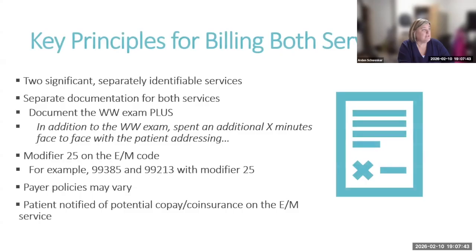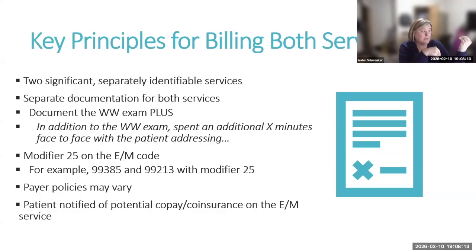So a common question then is, how do I bill that? They have to be, again, two significant, separately identifiable services. You have to separate the documentation for both services. So you document the well woman exam, and then in addition you document, I spent an additional 20 minutes face to face with the patient addressing, and detail the problems that you addressed.